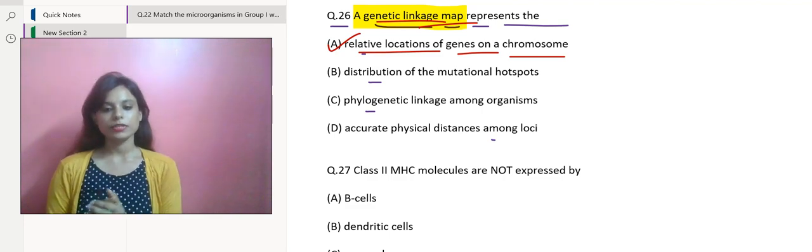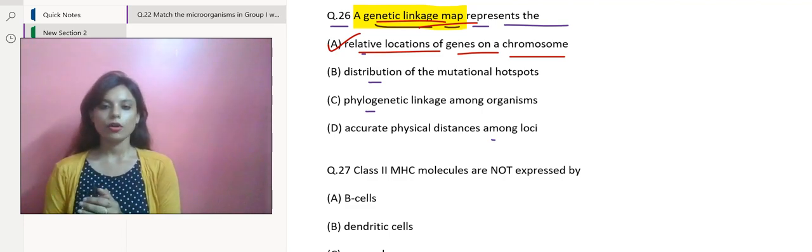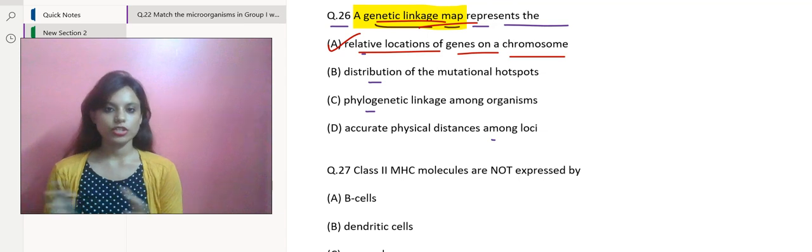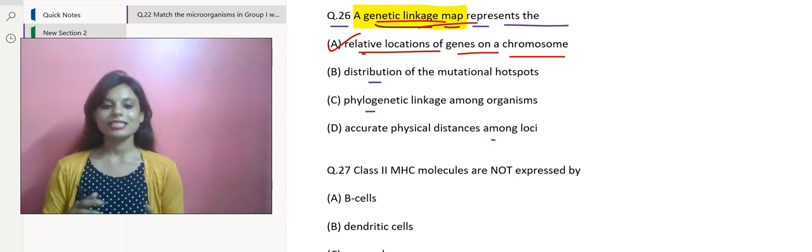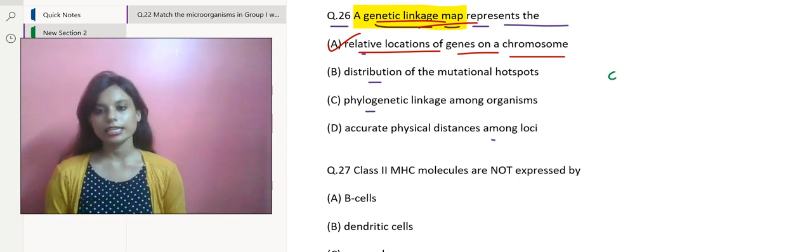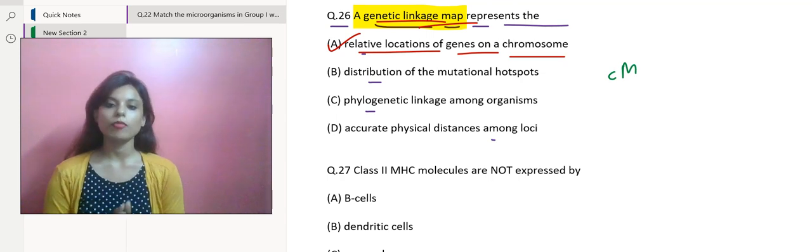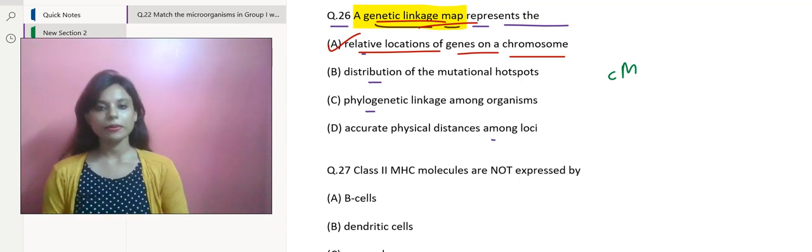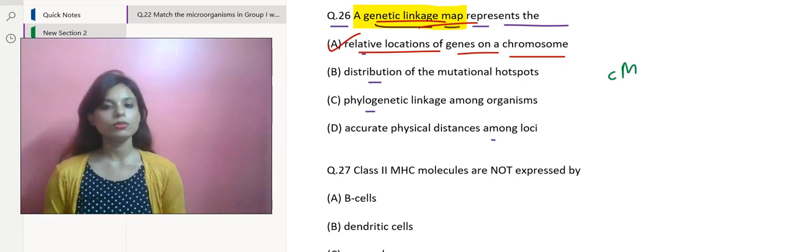The map units which are used for genetic linkage maps are centimorgans, like this we write in short form, centimorgans, and represent the frequency of recombination between two linked genes.